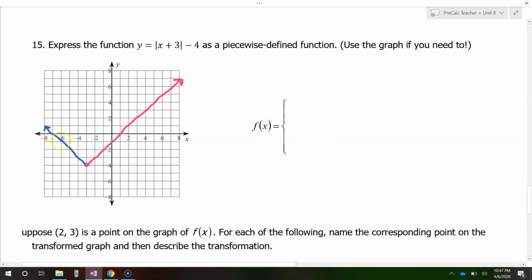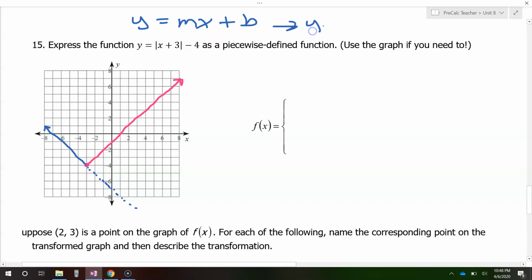So let's start with the blue part. You can see that this is just a straight line. All right, the blue part is just a straight line, and if I extended it, I'm just going to put a dotted line because this is not really here, but if I extended this line, it would go like this. Now, let's remember how y equals mx plus b works. The m and the b are the slope and the y-intercept.